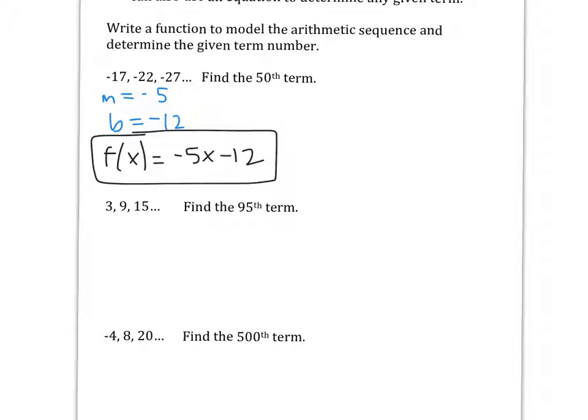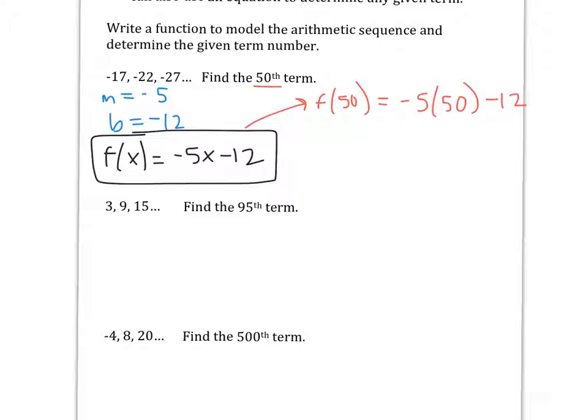And now let's find the 50th term. What this means is wherever I see x, I'm going to plug in 50. Then I'll solve the right side of the equation. So f of 50 means we are finding the 50th term of this sequence. What we will solve is negative 5 times 50 minus 12, and that will give us our 50th term.